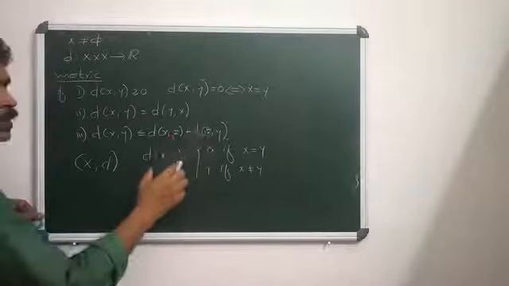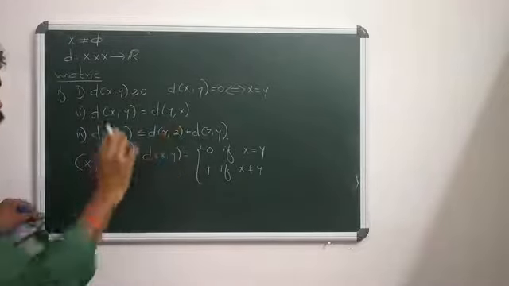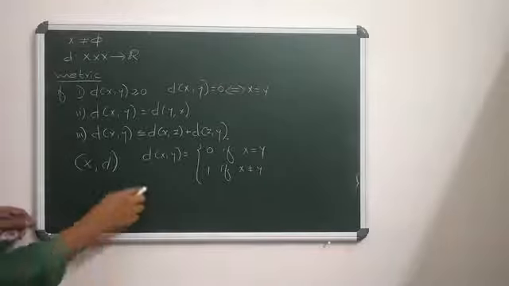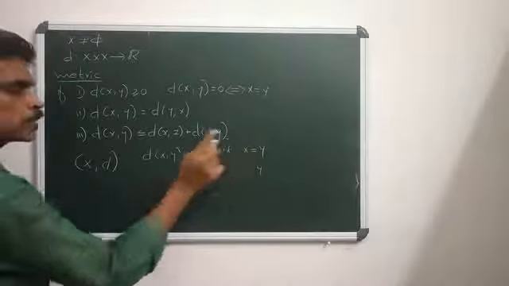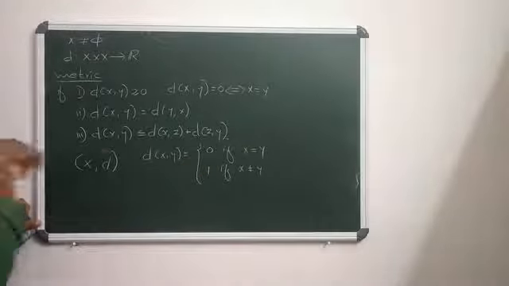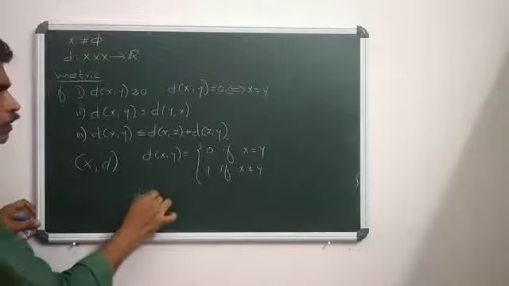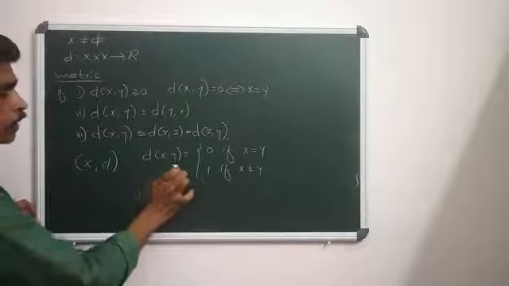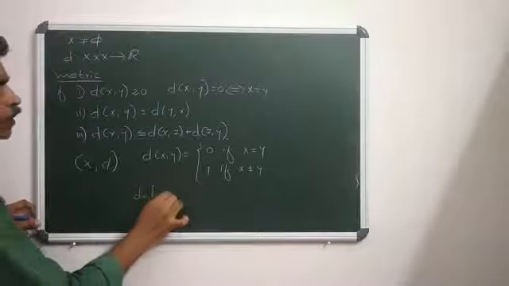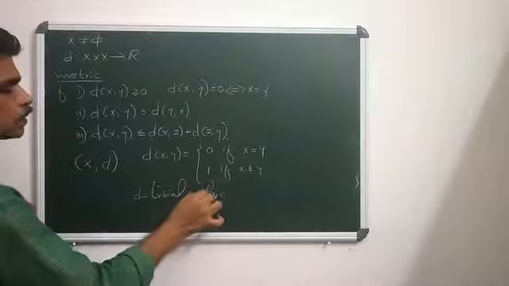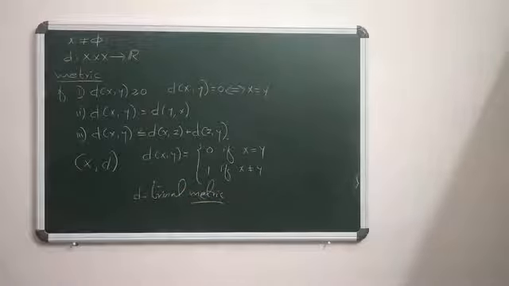If you define the metric d on a non-empty set X in such a way, then this d is said to be the trivial metric on X.